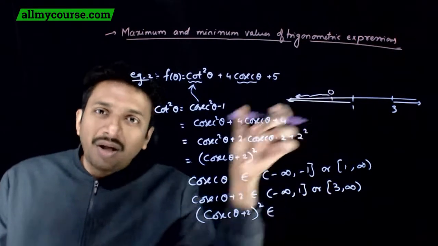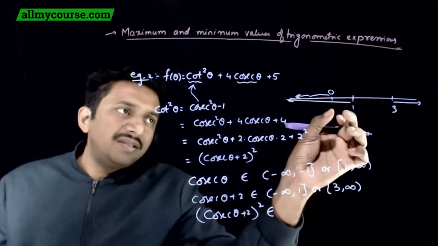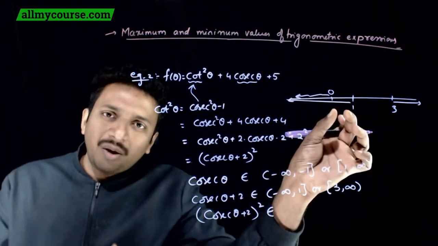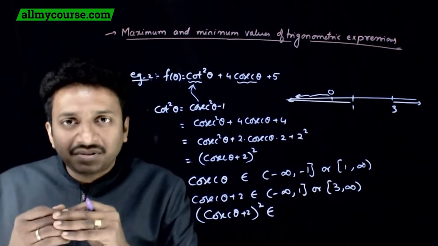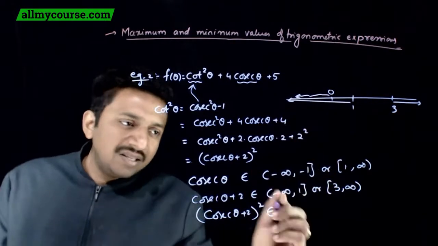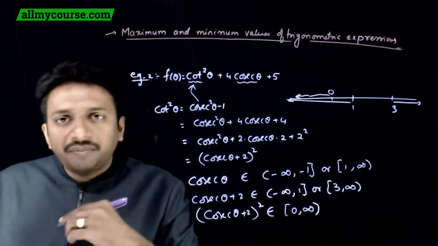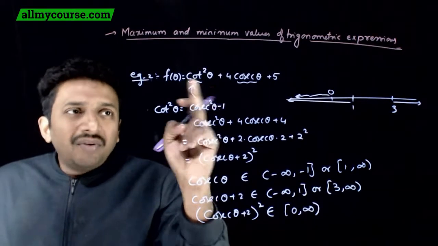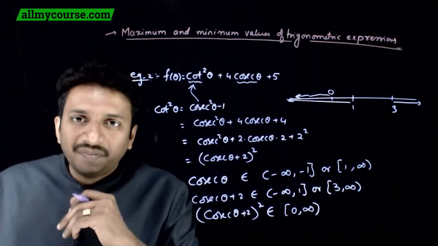So if you square all the negative numbers, you get all positive numbers. And 0 to 1, if you square it, you also get all positive numbers. 3 to infinity, if you square it, you get all positive numbers. So the effective range is nothing but all positive numbers, 0 to infinity. That means the minimum value of this expression is 0 and the maximum value of this expression is infinity.